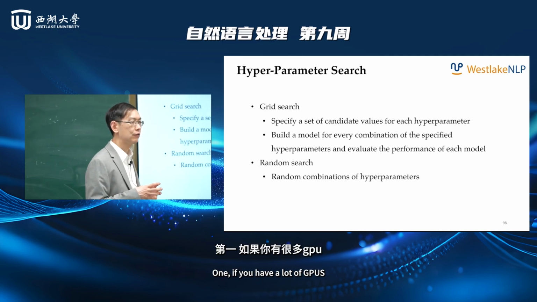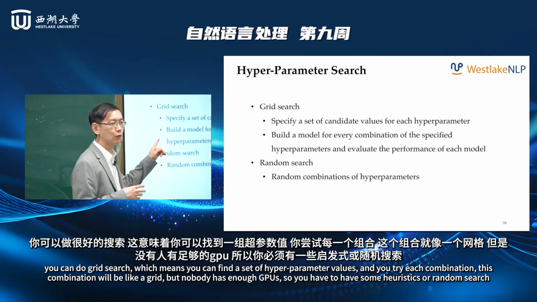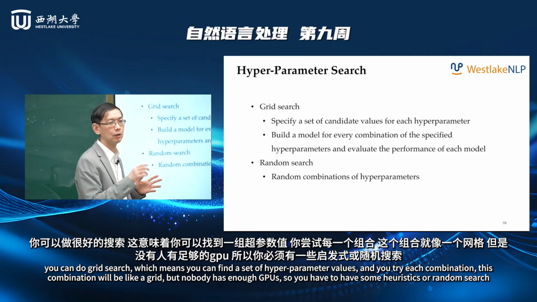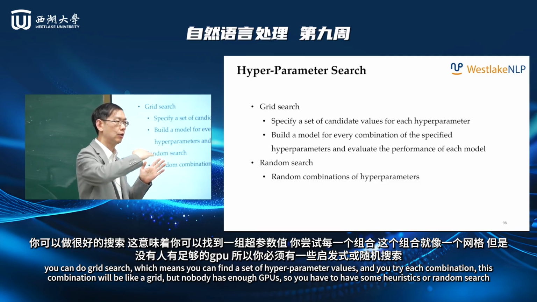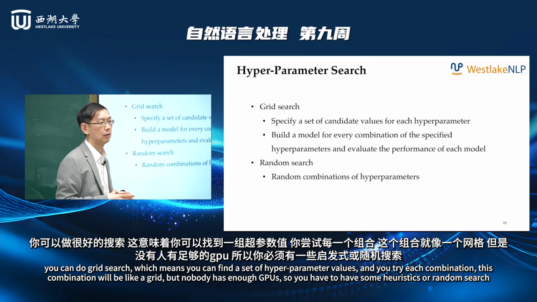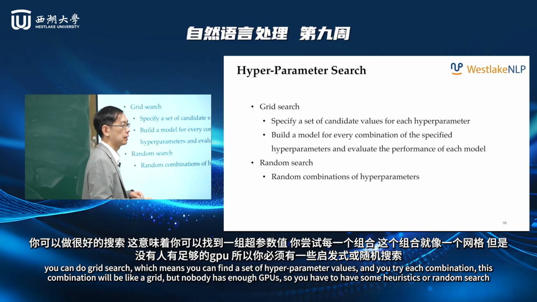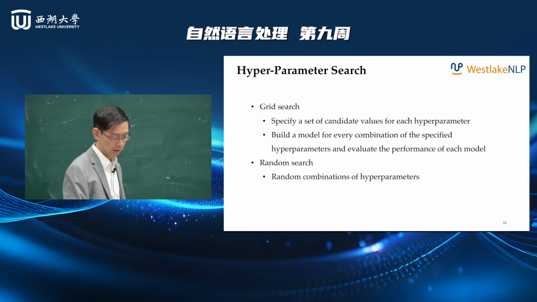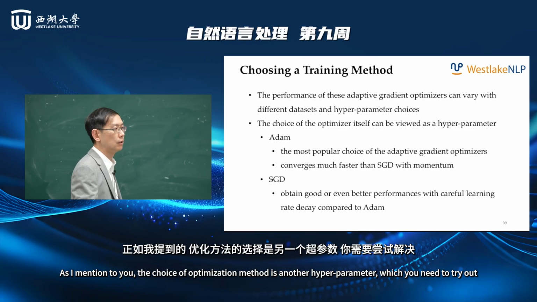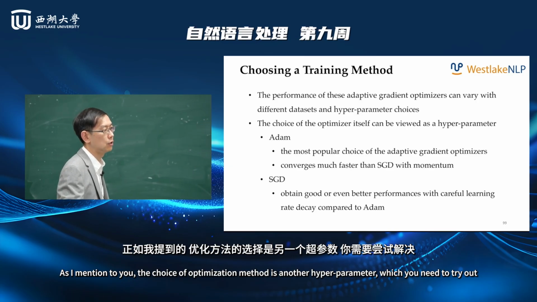One, if you have a lot of GPUs, you can do grid search, which means you find a set of hyperparameter values and try each combination, like a grid. But nobody has enough GPUs, so you have to have some heuristics or random search. As I mentioned to you, the choice of optimization method is another hyperparameter which you need to try out.